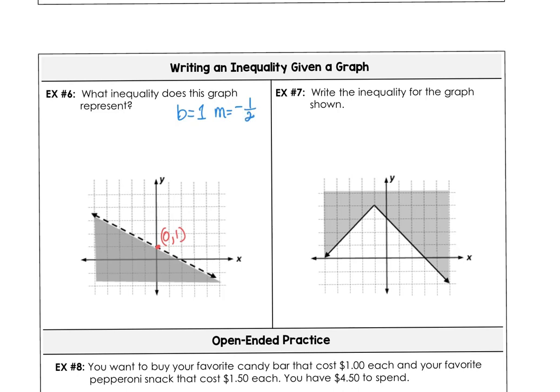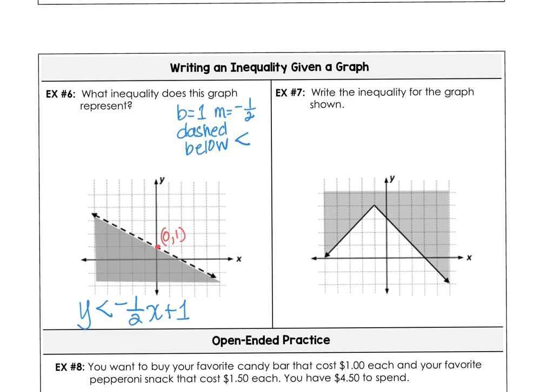With a dashed line, a dashed boundary, and shaded below, you're going to be less than, and your inequality is y less than negative 1/2 x plus 1.